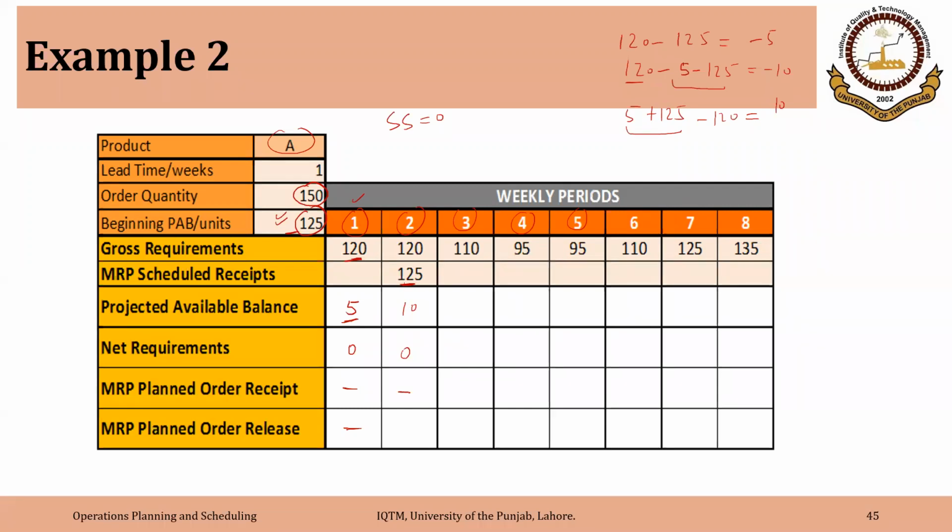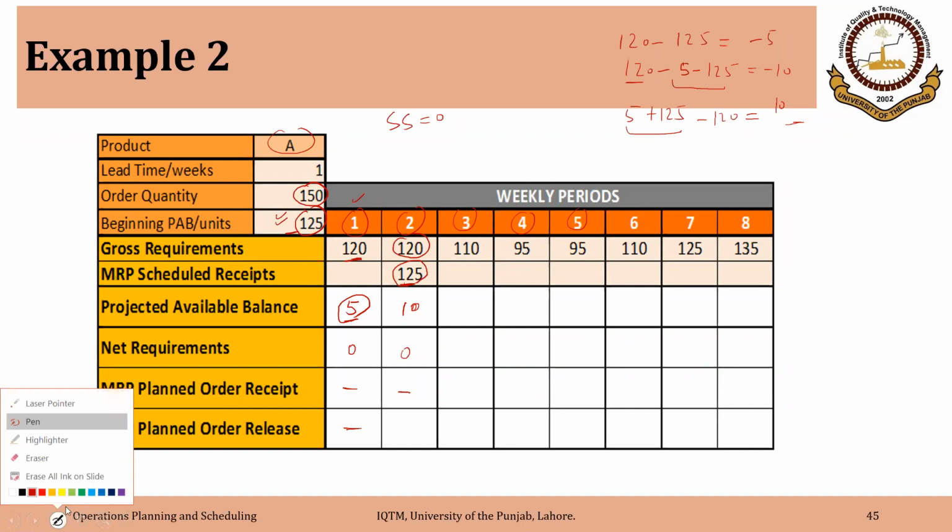So I hope you are following, and I hope you are solving as well. I repeat that we had inventory of 5 from the previous period, 125 are received in week 2, so total 130, and we had a requirement of 120. So we will be left with an inventory of 10 at the end of the second week.